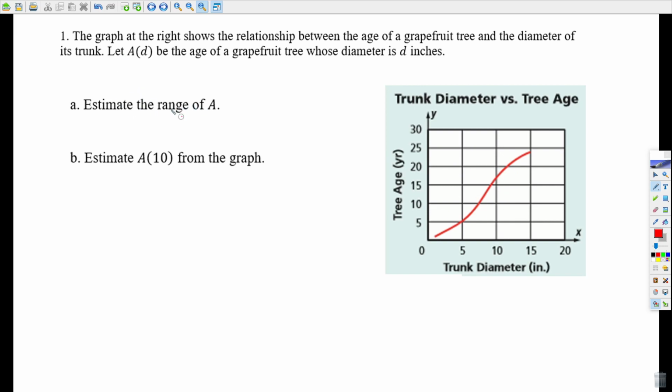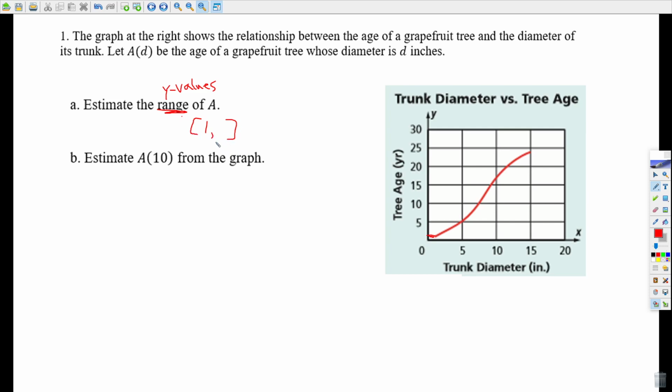Estimate the range of A. Range is the y values. So the y values start at, oh boy, we're going to have to guess. That's why it says estimate. The lowest number is probably like 1 or 2. I'll just say 1. We don't have an open circle, so we're going to use brackets this time.